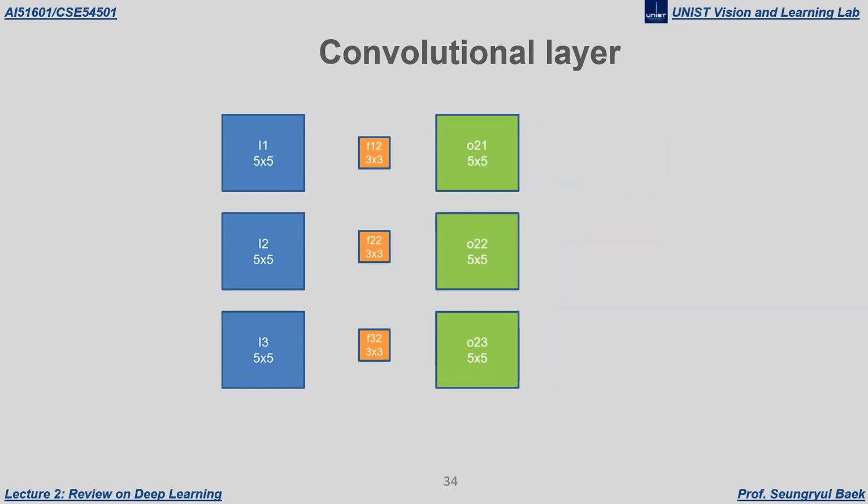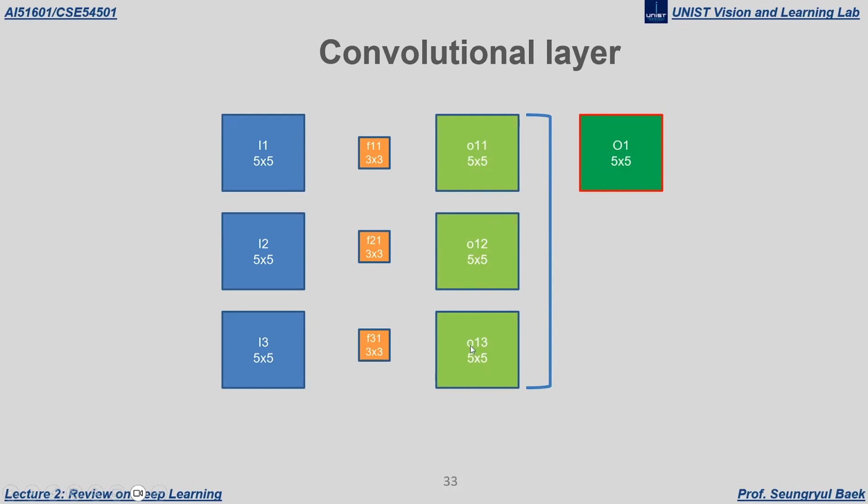And then the next thing you will do is apply different filter kernels. Previously it was F11, F21, F31, but here it is F12, F22, F32. And now the intermediate output indices are O21, O22, O23. Previously it was O11, O12, O13, right? I denote it like this because these 3 are used for obtaining the output 1.